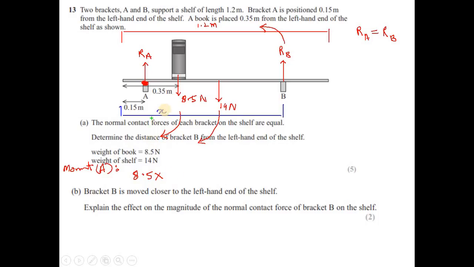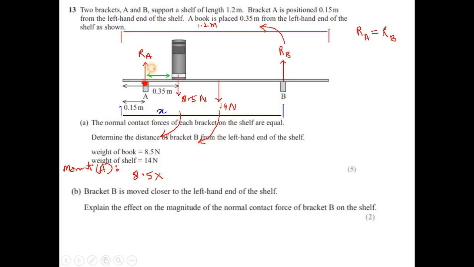In this case, we don't need 0.35, we need the distance of 8.5 to the pivot. And clearly from the diagram you can see that this distance is 0.35 minus 0.15, which is 0.2.